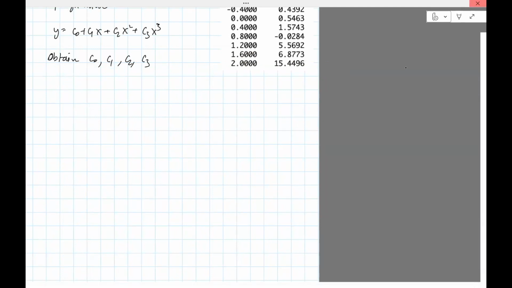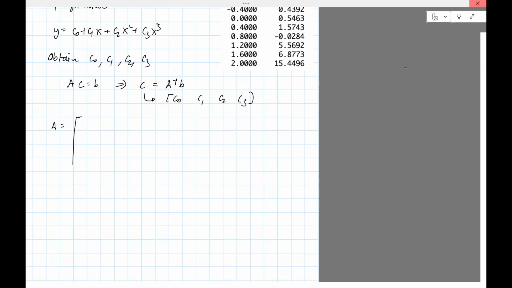So we are aiming for AC equals B, and then C would be the inverse of A times B, where C is holding C0, C1, C2, and C3. Okay, so all I need is to get A and B.